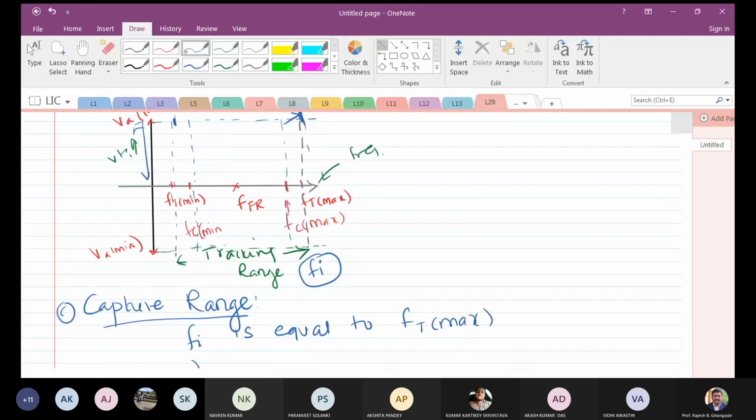Anyways, just use freehand. So this is the capture range.